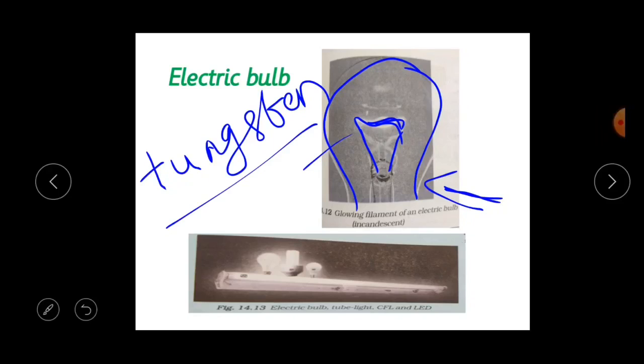Which results in wastage of electricity. So it is better to use fluorescent tube lights and compact fluorescent lamps, that is called CFL bulbs. You might have heard, right? CFL bulbs or LED lights, etc. So here we can reduce the wastage of electricity.